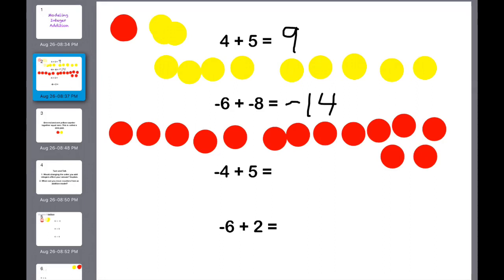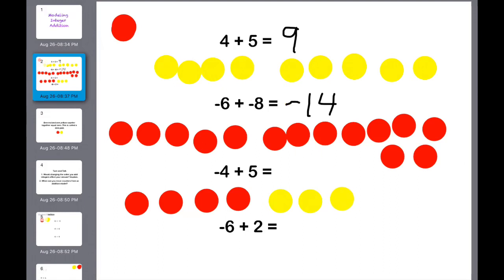So let's start first by simply counting out our counters. We have 4 red because we have 4 negative. 1, 2, 3, 4. Then we're adding 5 positive. So we're going to put 5 yellow counters.